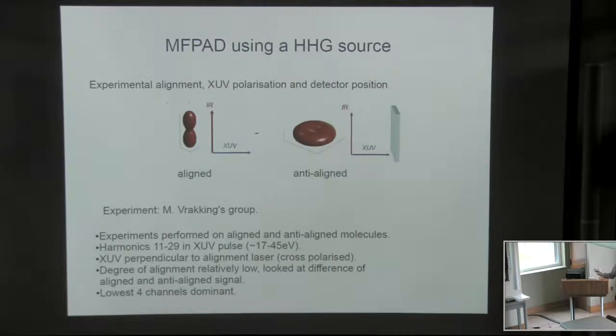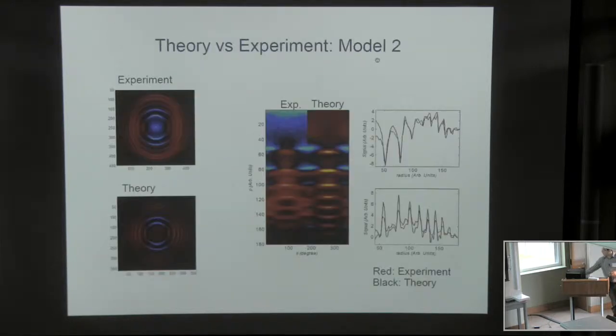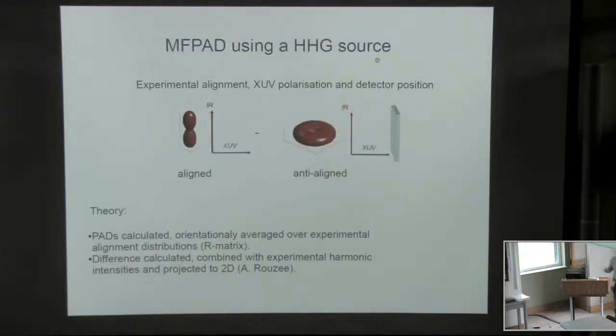And what they found in the previous experiment is that the lowest 4 channels are dominant in the angular distributions. So what I calculated was angular distributions orientationally averaged over the experimental alignment distributions.